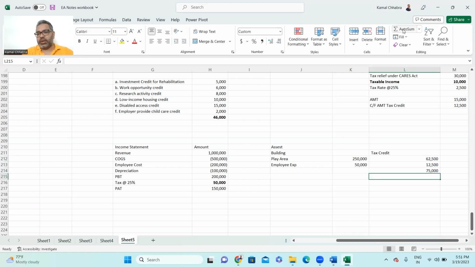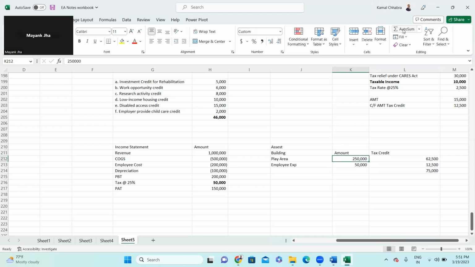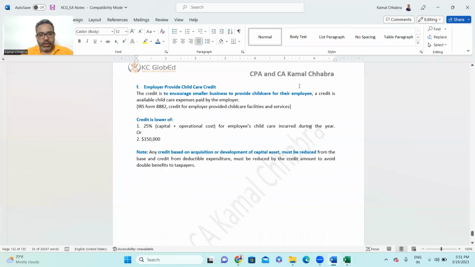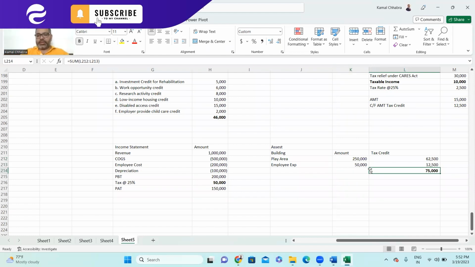And this is the total tax credit you are taking, right? Everyone agree? Now, what it's saying is the credit or $150,000, whichever is lower. So let's assume lower is this $75,000, right? So you can take $75,000 of credit. Everyone is with me?